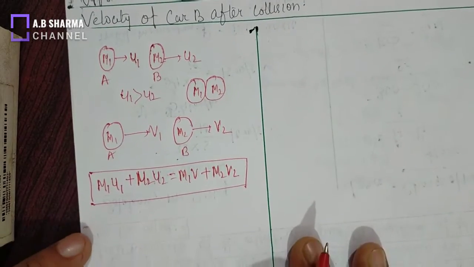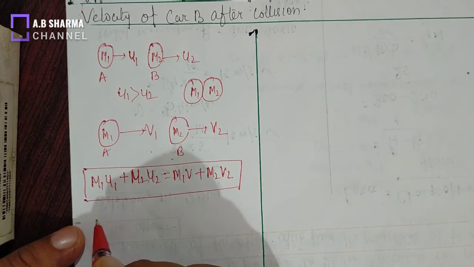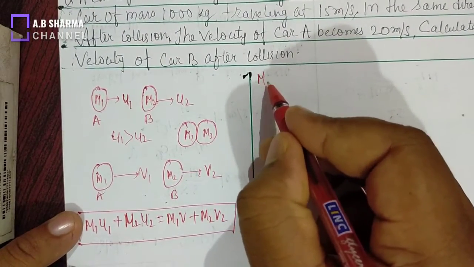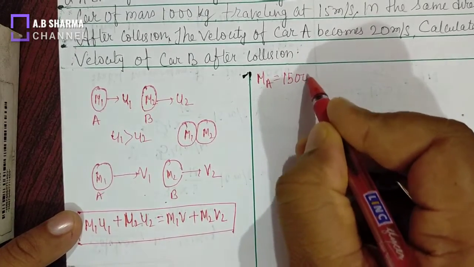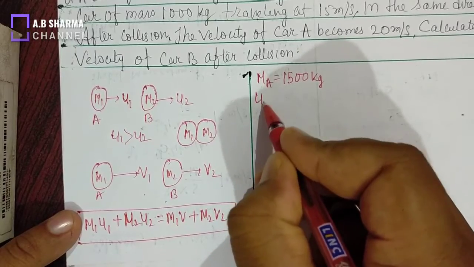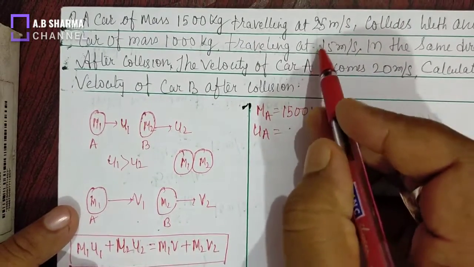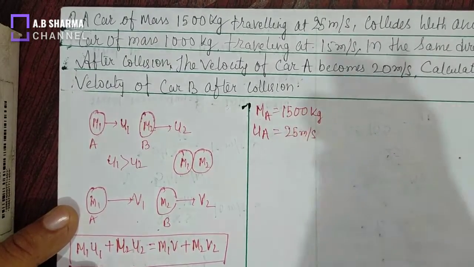We will use the same concept here. What information is given by the question? Mass of car A, MA, equals 1500 kg, and UA is 25 meter per second.